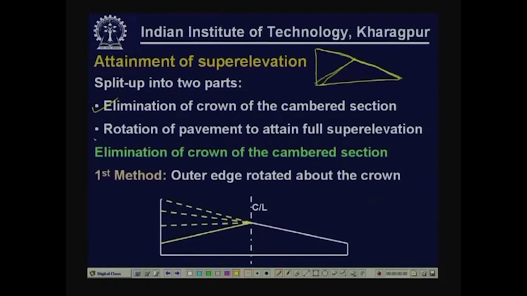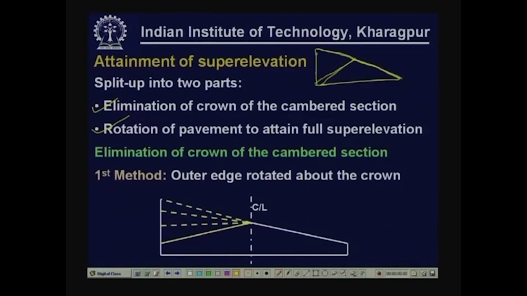Then part 2 is rotation of pavement to attain full super elevation. That means at the end of stage 1 we have a surface with uniform slope equal to camber, but for actual super elevation we may need a much steeper slope than the camber.